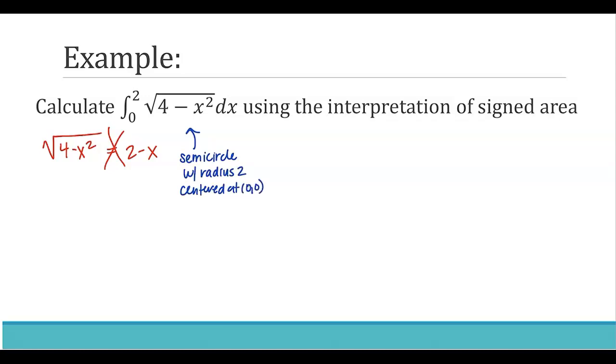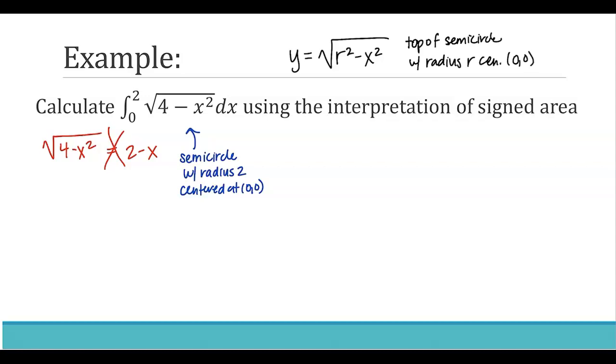In general, just for some reference, if you have y equals the square root of r squared minus x squared, that is the top of a semicircle with radius r centered at 0, 0. So here, that's exactly what we have.